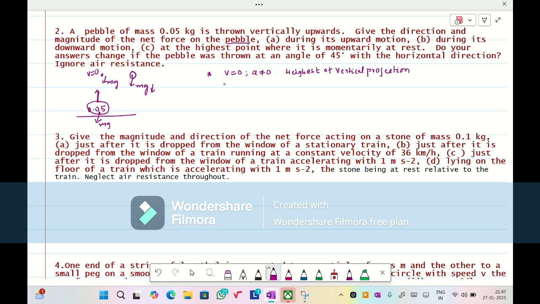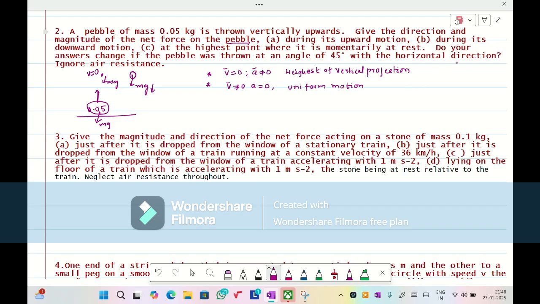Similarly, if velocity is not equal to 0 but acceleration is 0, that is uniform motion. In uniform motion, the velocity is constant but acceleration is 0.